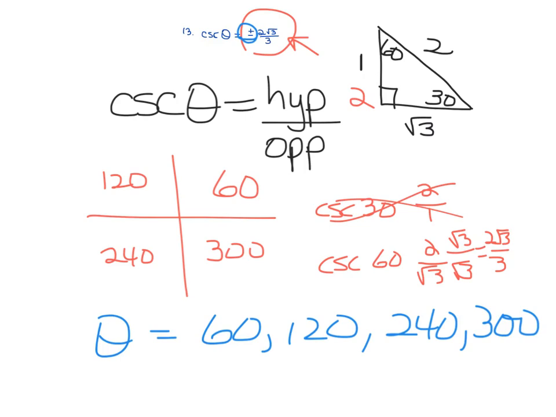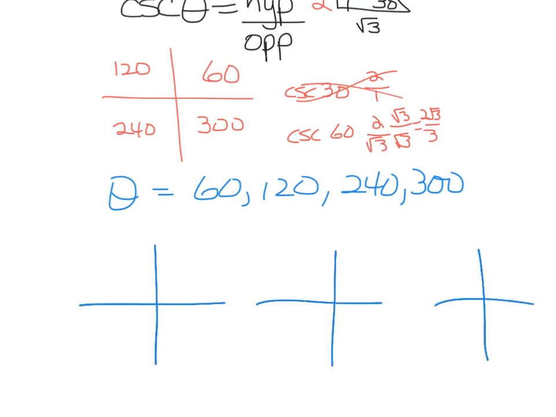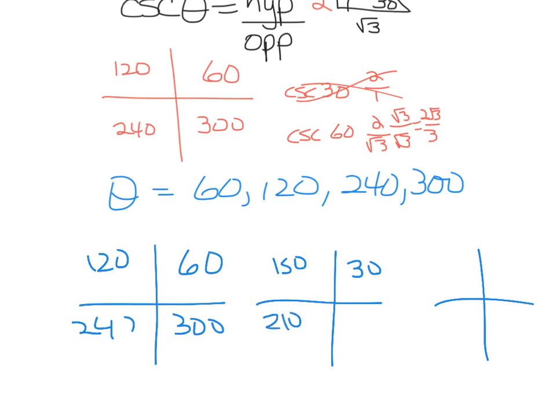You just had to figure out which one it was. Is it the 60 or is it the 30? Keep in mind, again, when you're doing these, all of the answers are going to be one of these 3. It's either going to be the 60, the 120, the 240, the 300, or it's going to be the 30, the 150, the 210, and the 330.